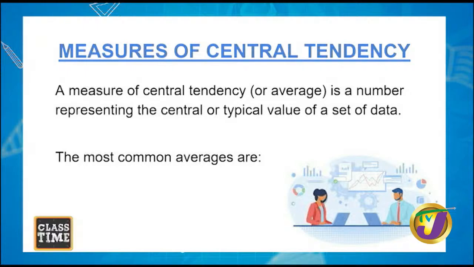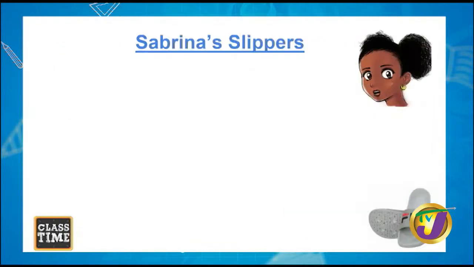And we call those statistical averages. Now, the most common statistical averages that we talk about are mean, mode, and median. And we all know these. And so I'm going to ask Tyrone just to remind our viewers, what are mean, mode, and median?